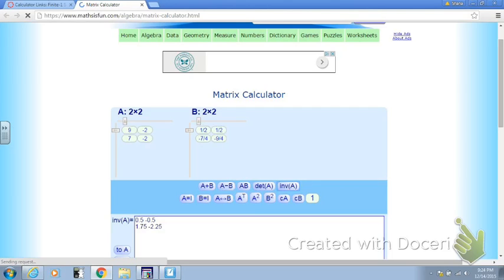My signs are not the same, so A inverse is not equal to B. So the answer is no, they're not inverses. So we can tell that right away.